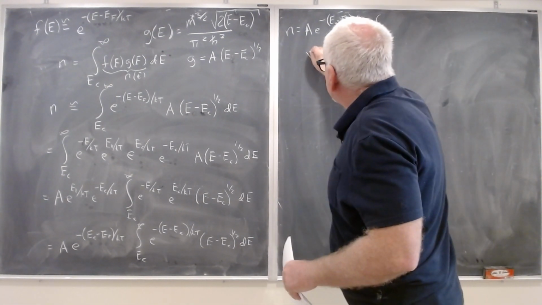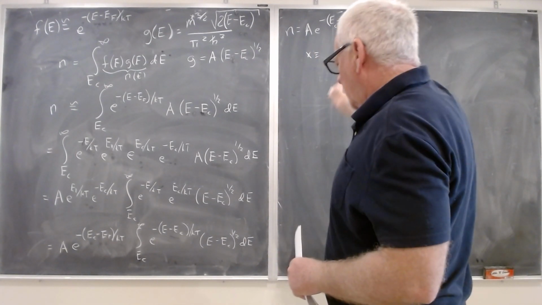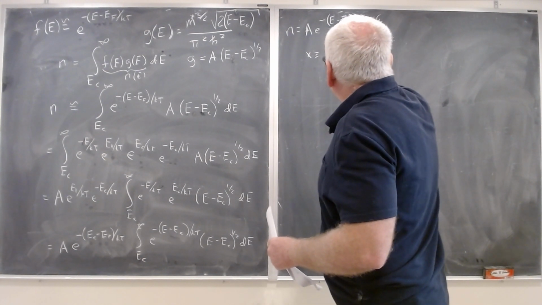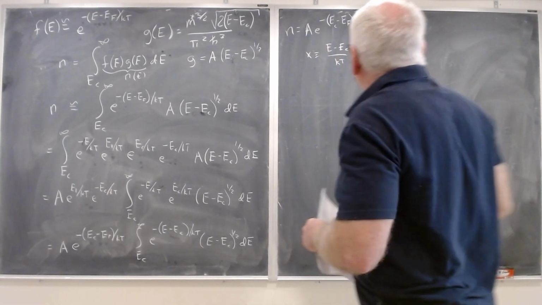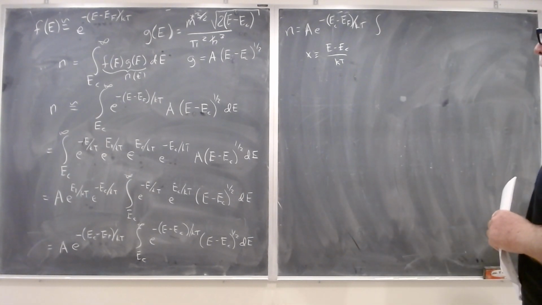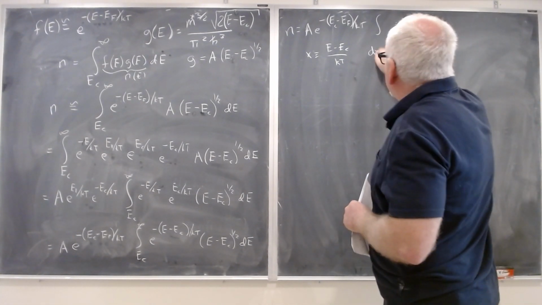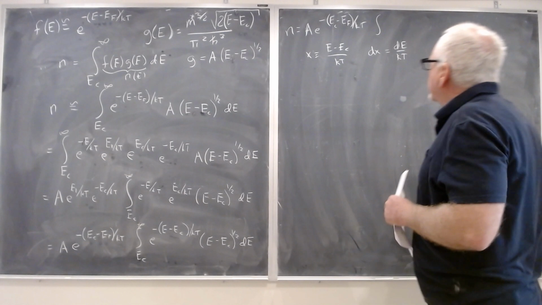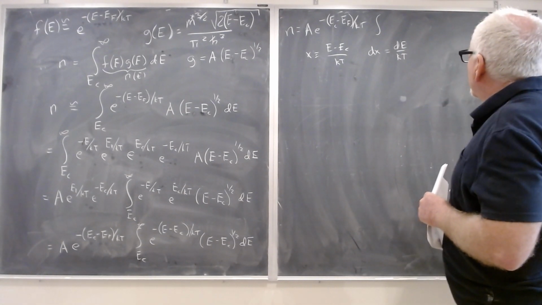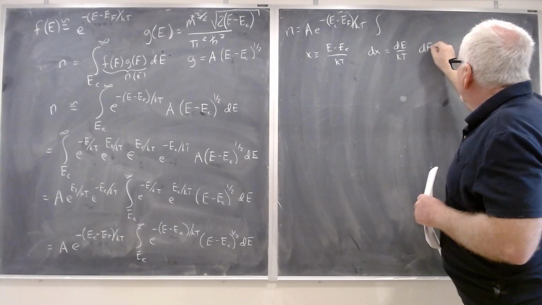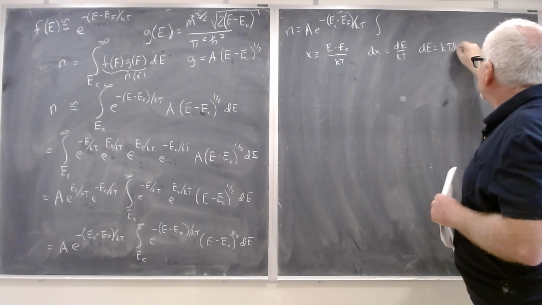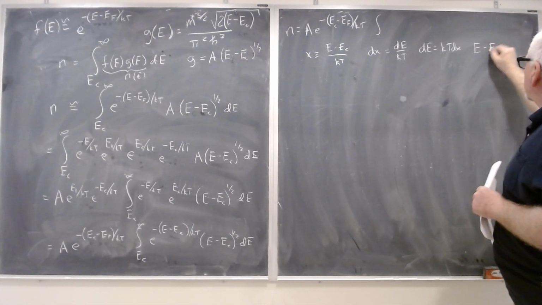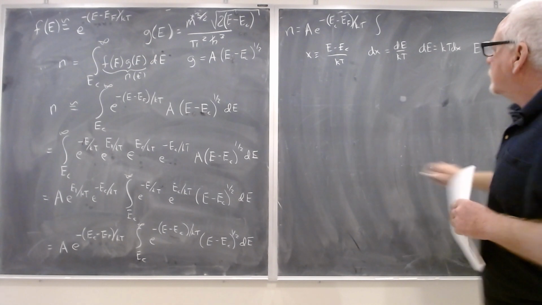I'm going to define x as E minus EC over kT. And then dx is just dE over kT. So dE is equal to kT dx, and also E minus EC is equal to kTx.